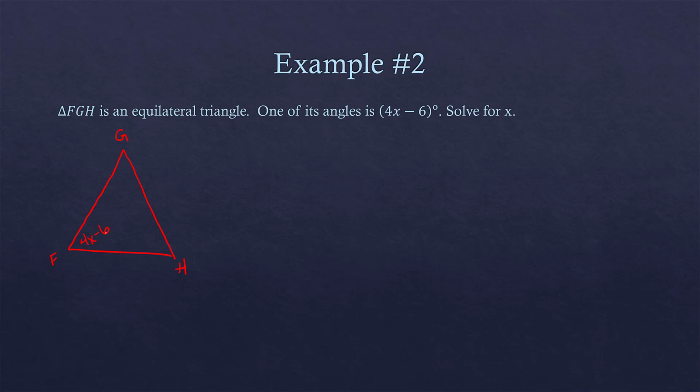Now it's not telling me any more information, so we could solve this in a few different ways, and I'll show you two ways. One way is, if you remember back at the beginning, equilateral triangles are also equiangular, which meant that all the angles were congruent, and we did the math to show that all angles equal 60 degrees. So we could say 4x minus 6 equals 60, and we can solve for x.